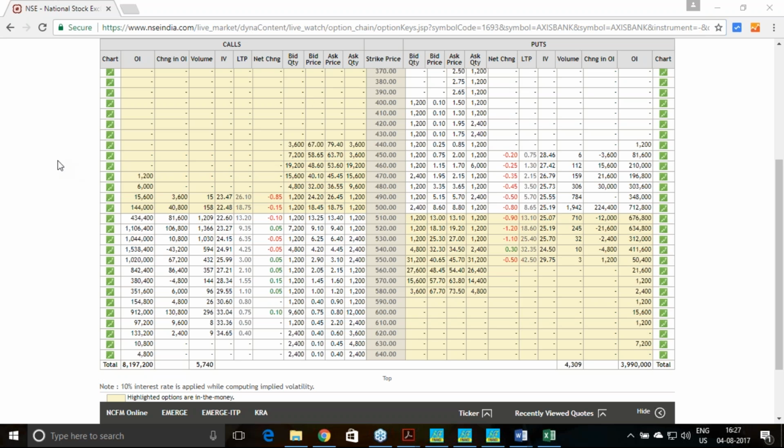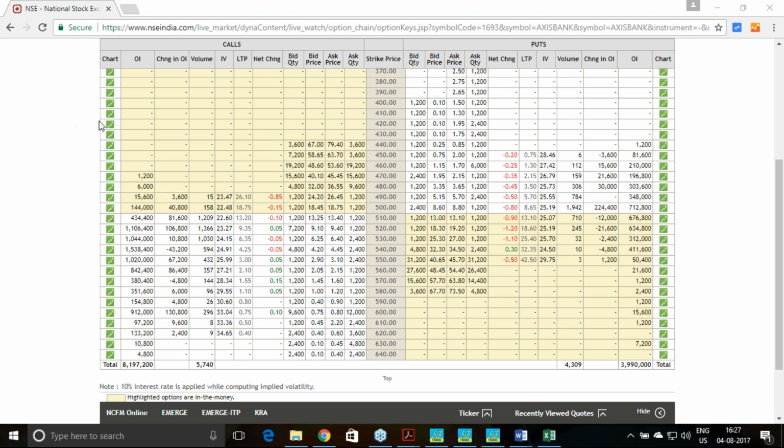Calendar spreads are not active in these stock options basically. How to form a net credit strategy? I'm not going to buy any call option.